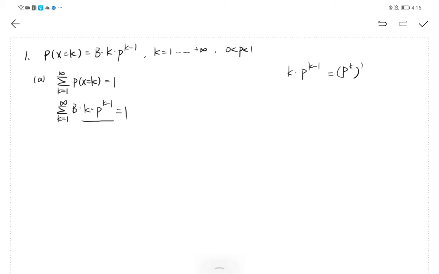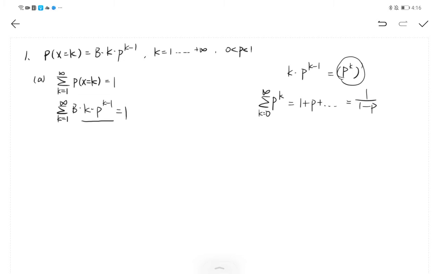For this, we know the series expansion: the sum of p to the power k equals 1 over 1 minus p.